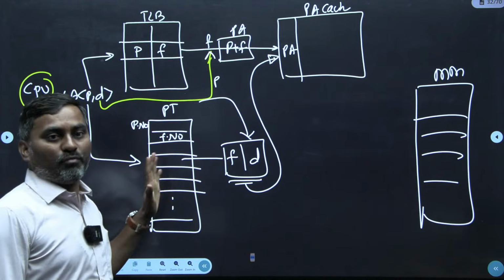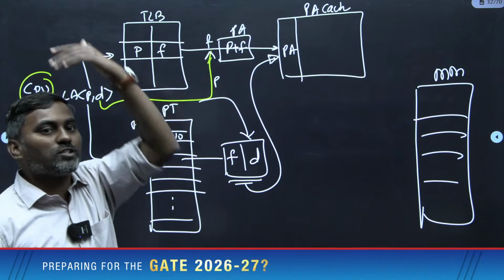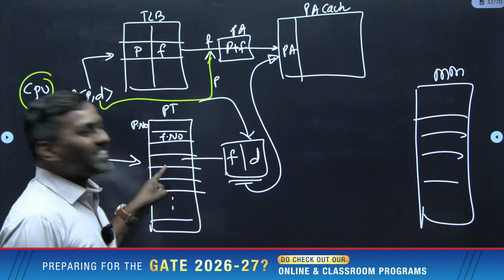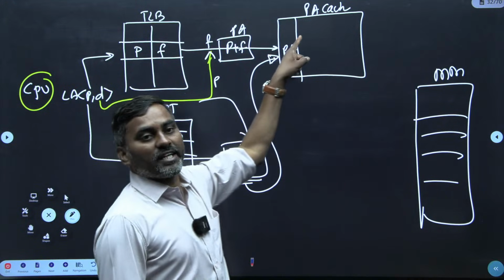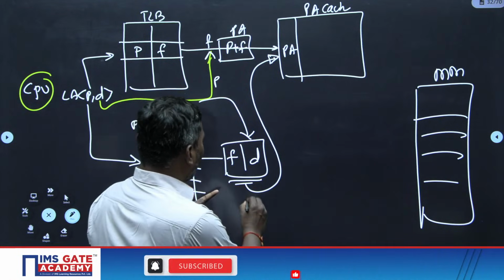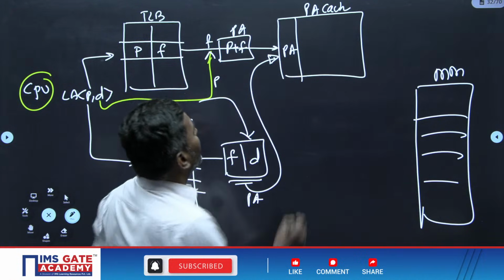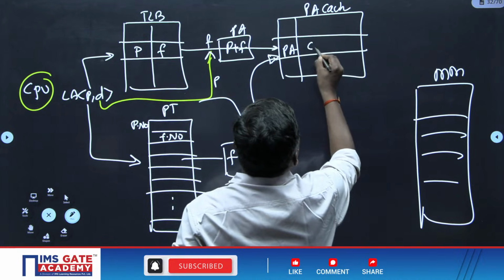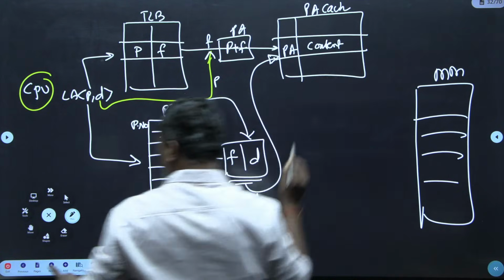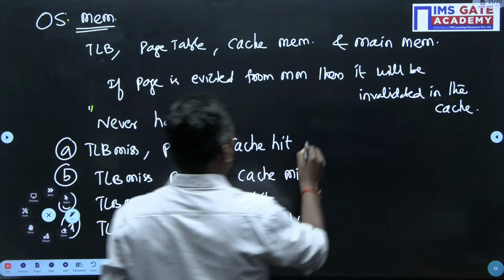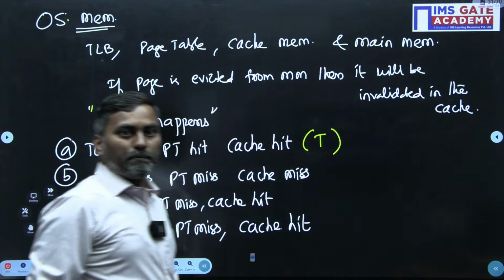It can be a hit or a miss, depending on the virtual memory concept. If it is a hit, there is a chance of a hit in cache also, because when I get the physical address, I can go and search into cache memory. Therefore, I can say this can be true. This true I am writing now.